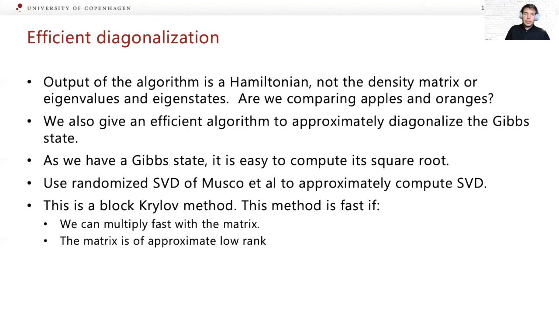And we are also under this low rank assumption, which is also needed for these SVD methods. So the important thing is that we can obtain the list of eigenvalues and eigenvectors using these randomized SVD methods from our Gibbs state, if you're interested in this form of output, without losing the advantages as shown before.